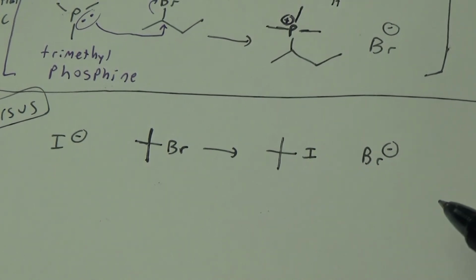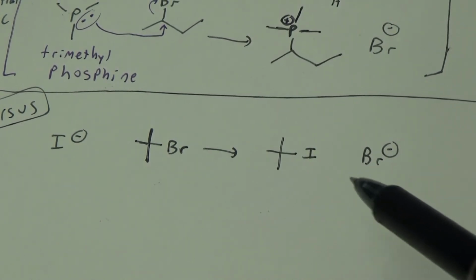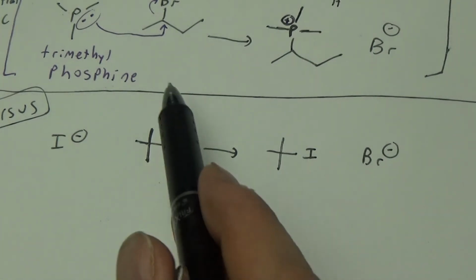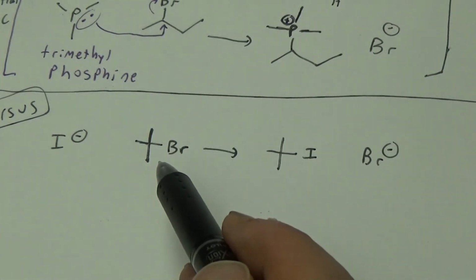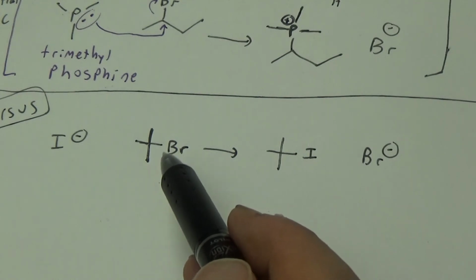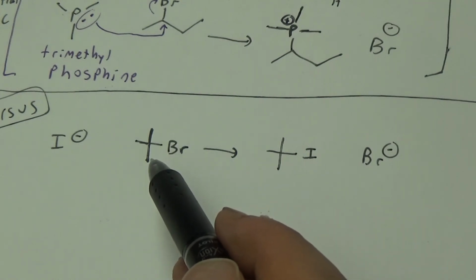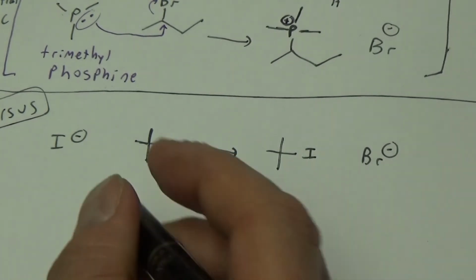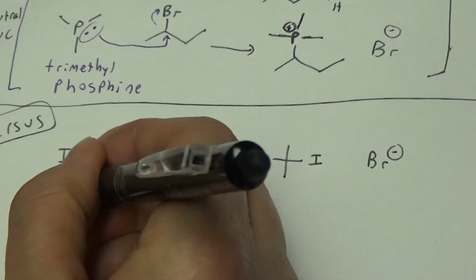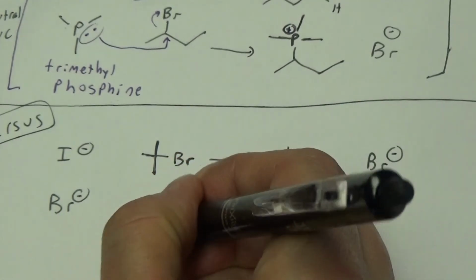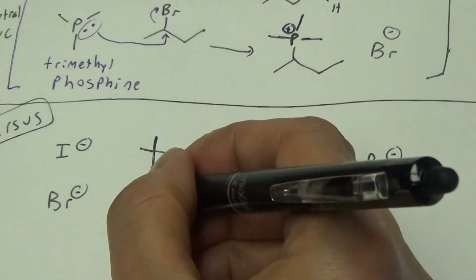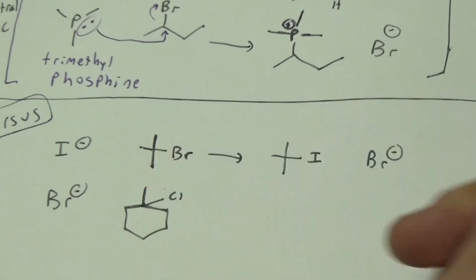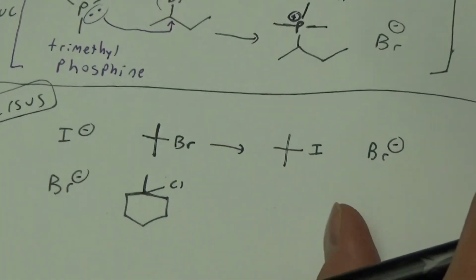The big thing is that when you have a tertiary substrate, so that's a substrate, right? These are all substrates. It's tertiary. Tertiary substrates do not undergo SN2 reactions. Okay, let me just draw another one real quick. Br minus. Nice tertiary substrate.